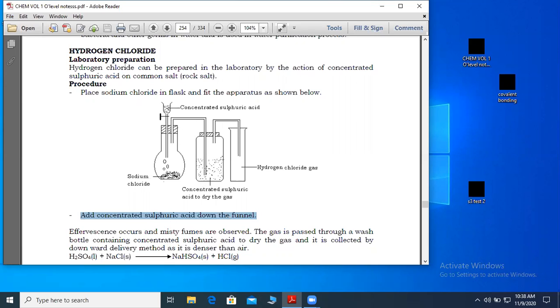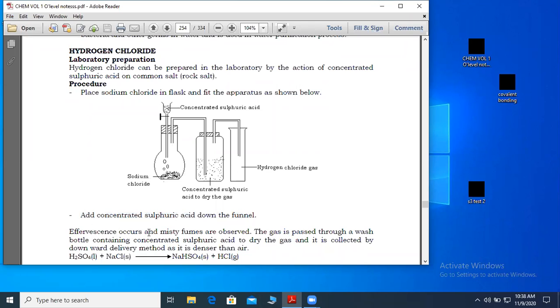Then when we dry the gas, we finally collect it by downward delivery. Why should you fail a question about preparation of a gas? I've told you many times, you need just 2 substances that are reacted together. You need to know the drying agent. You need to know the method of collection, and you get marks.